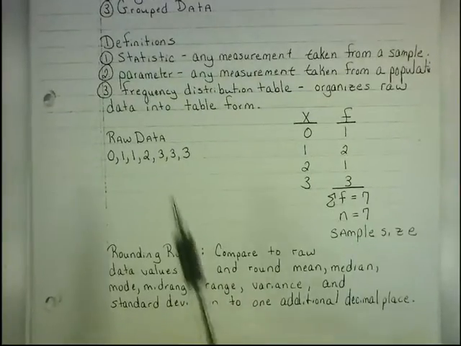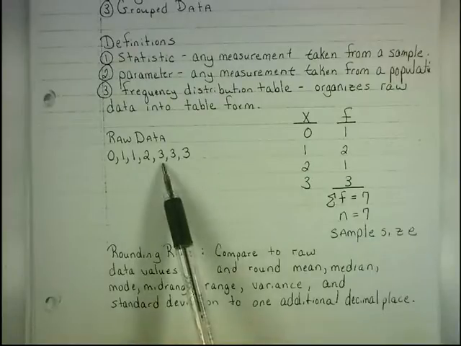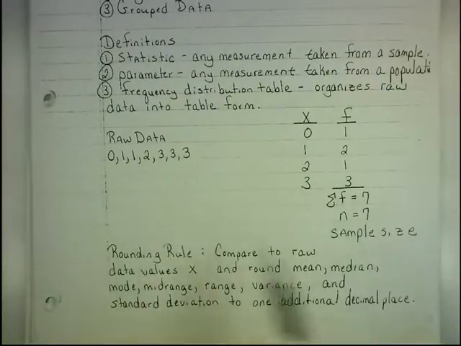So if your raw data values are whole numbers, as in this example, and we find the mean, we will round the mean, if necessary, to the nearest tenth, which is one additional decimal place. And again, the rounding rule applies to the entire chapter.